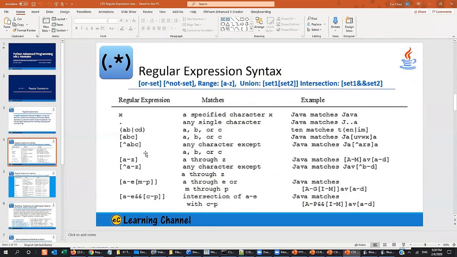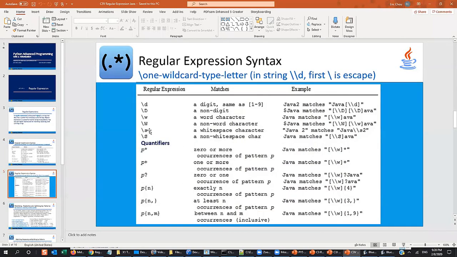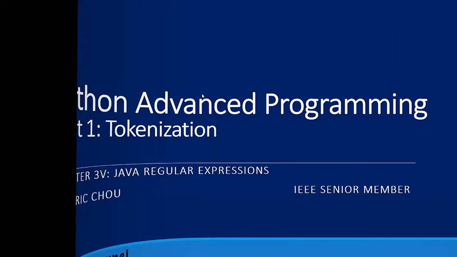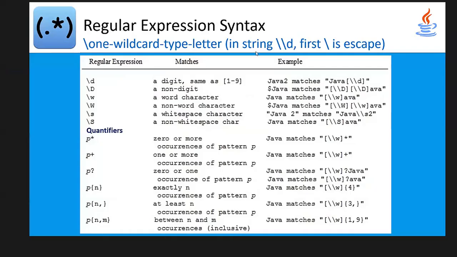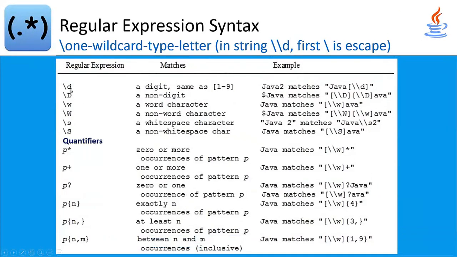So here we talk about different characters and optional sets. Let's look at more regular expression rules. Backslash d is a digit and backslash D is a non-digit. Backslash w is a letter, so lowercase letter, uppercase letter.